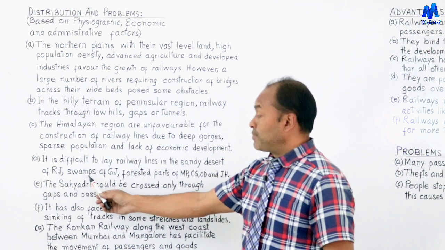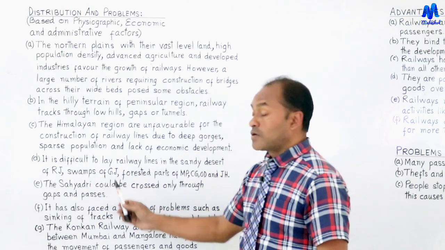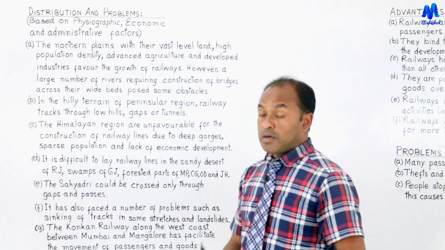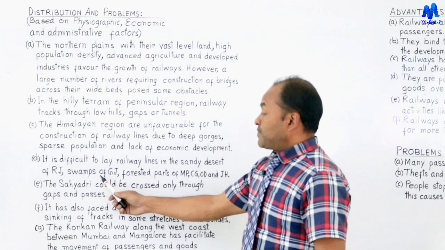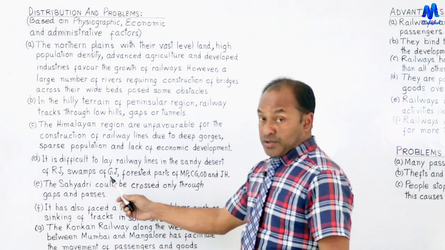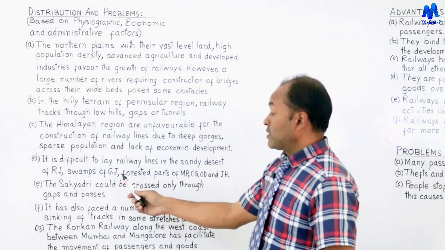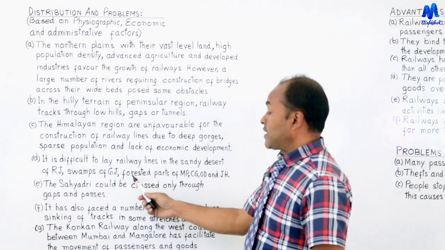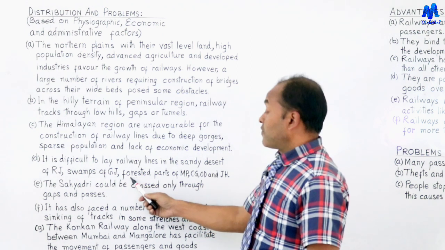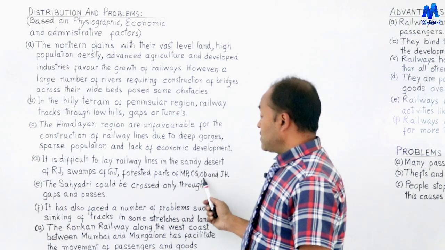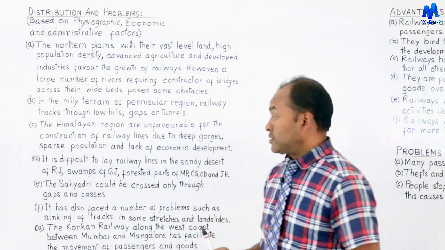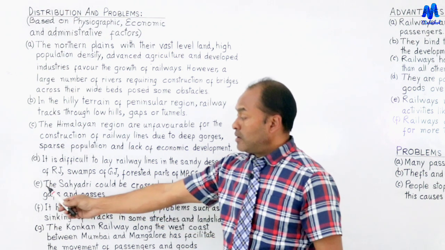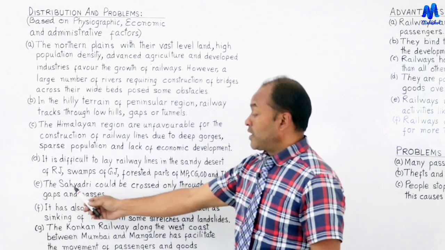And in the swampy region of Gujarat, as in the Gulf of Kutch, it's difficult to lay railway lines. And in the forested parts of Madhya Pradesh, Chhattisgarh, Odisha, and Jharkhand, it's difficult to lay railway lines. And number E, Sahyadri Range.